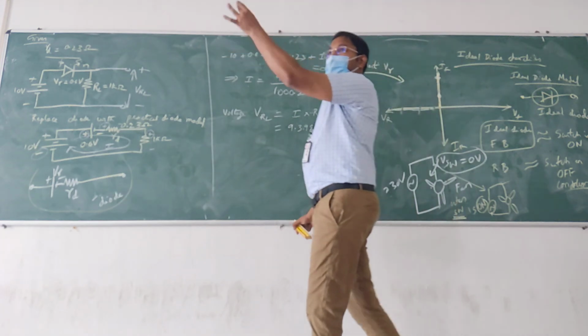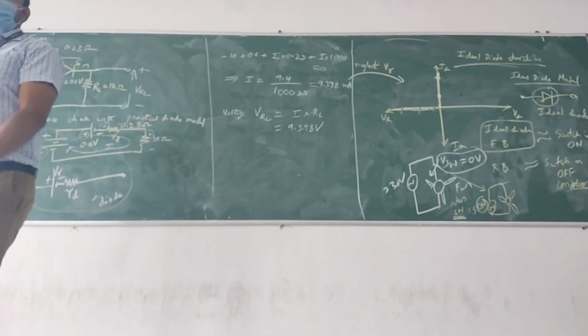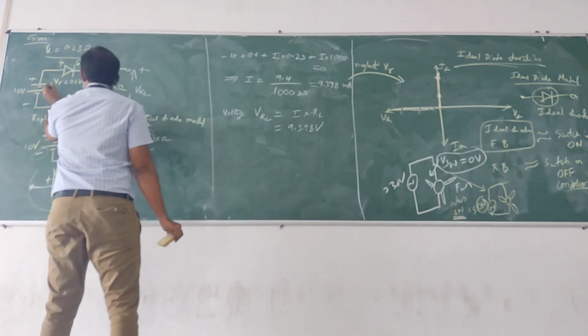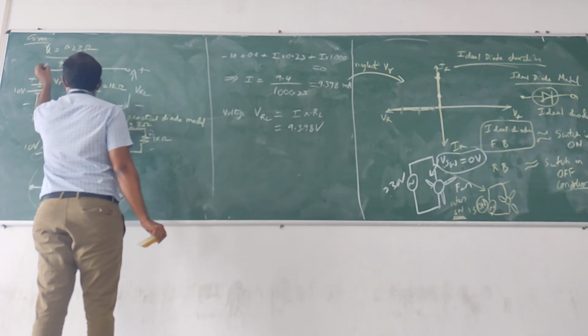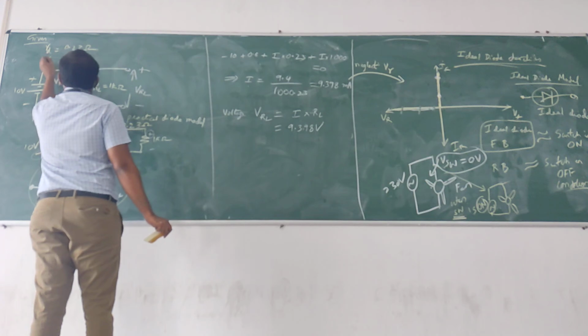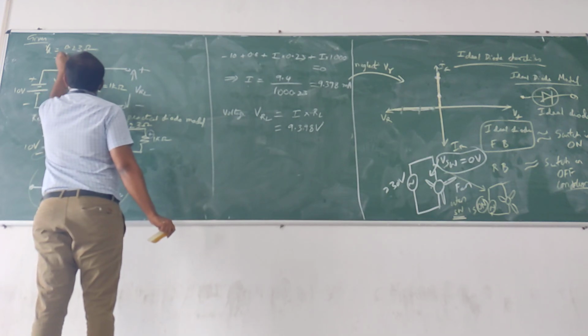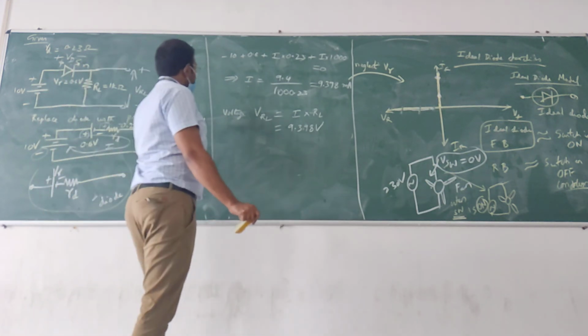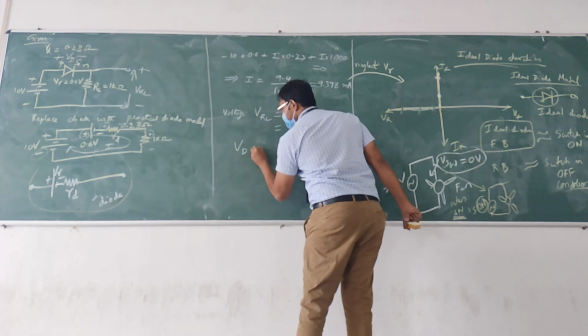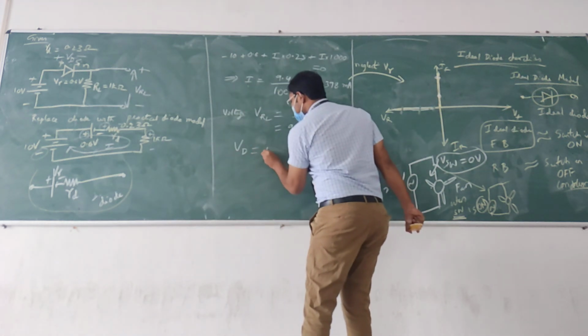Now tell me, father and two brothers, logic. What will the voltage across the diode be? I will call this VD. VD will be 10 minus how much?